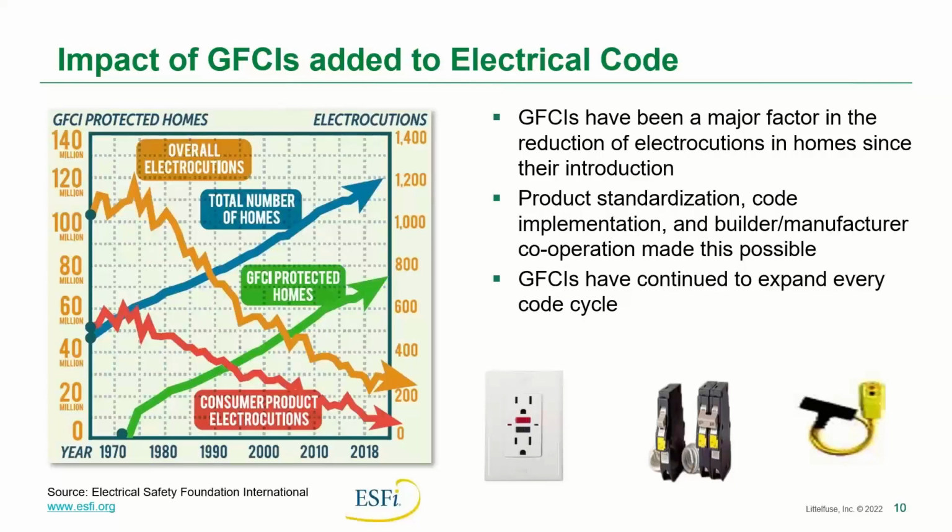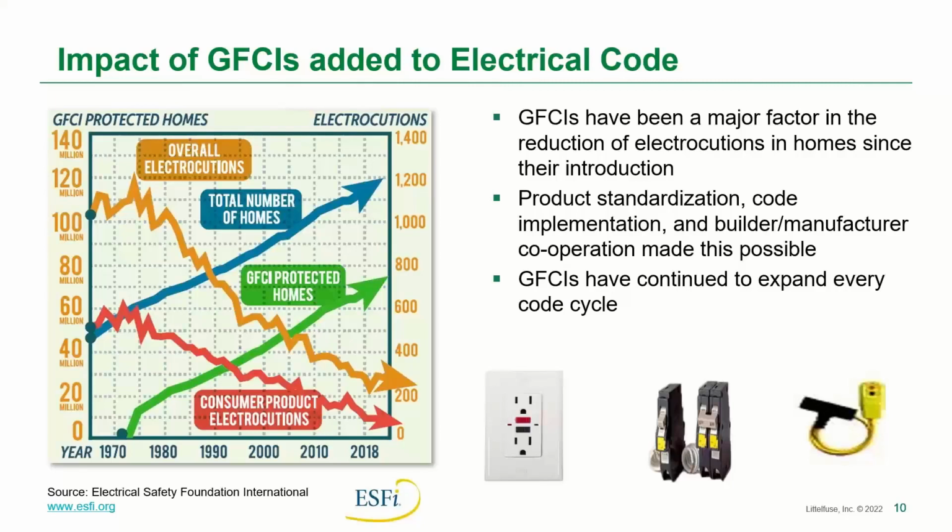Now, after that risk of shock was quantified and better understood, that really made it possible for companies to develop products that could detect these currents and de-energize the circuit quickly in order to provide that protection from shock.